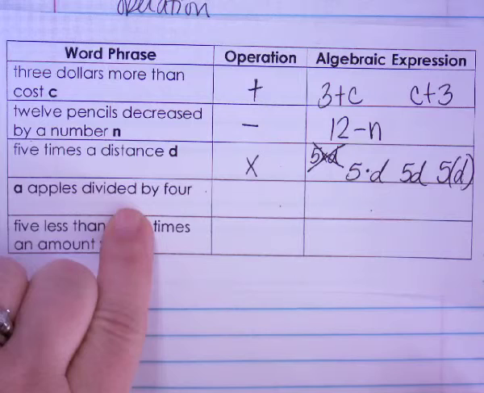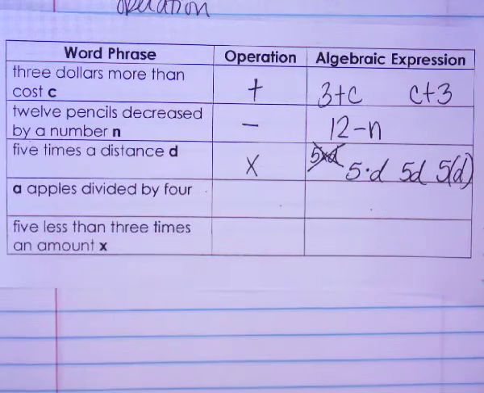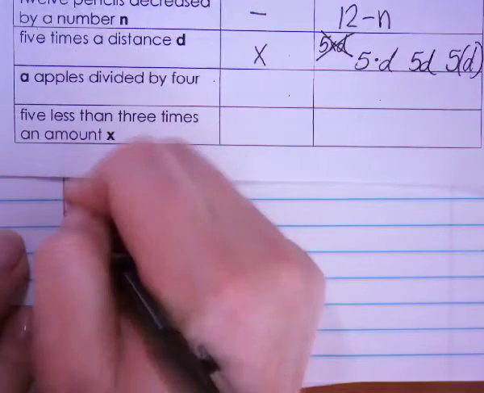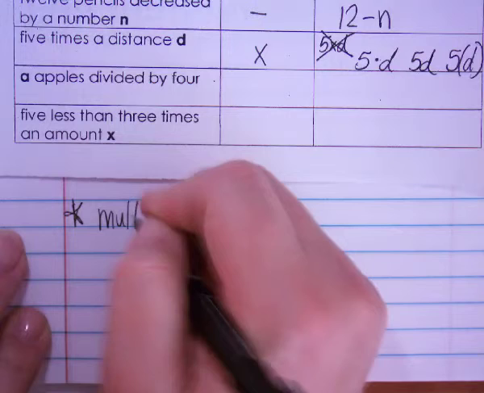Okay, so let's look at the next examples. But you know what, actually, while we're talking about multiplying, let's scoot down to the bottom and take some notes. So, multiplying in algebra.